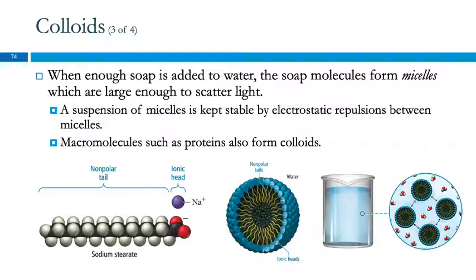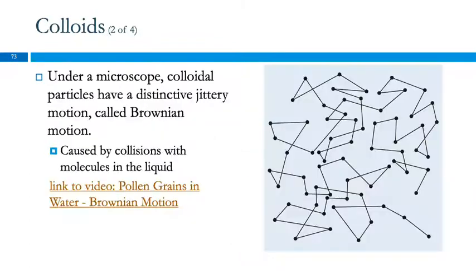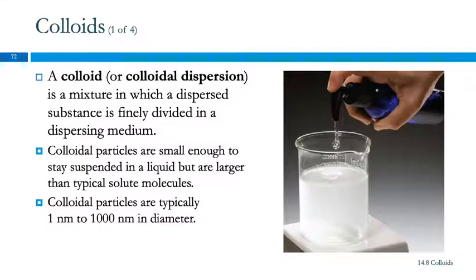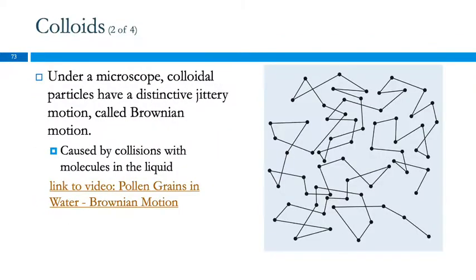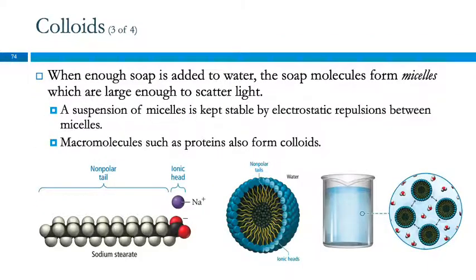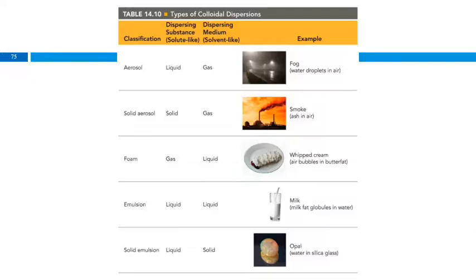Protein molecules and other macromolecules are suspended in this colloid suspension, but they're large enough that they can... the thing they do with light. Yeah, I don't know where that word went. Scatter. There it is. They're large enough to scatter light.